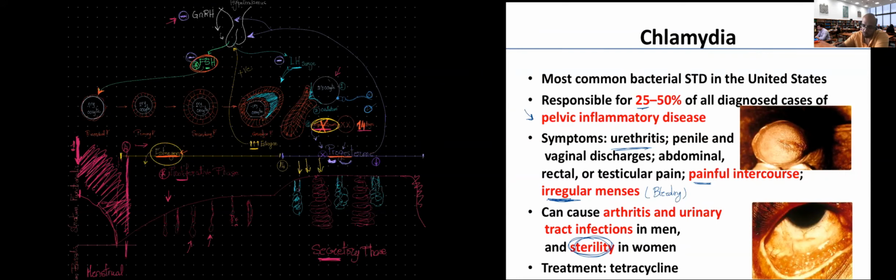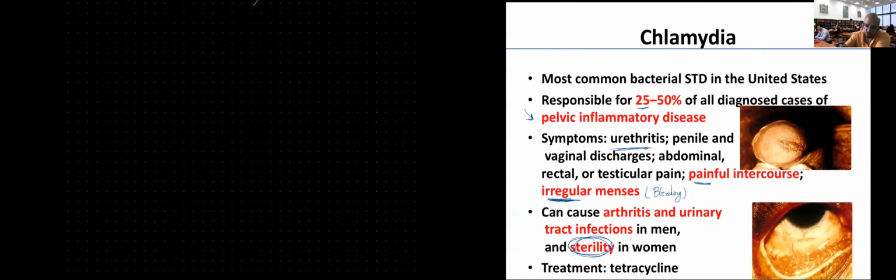Again, why sterility in females? Pelvic inflammatory disease is characterized by having inflammations that heal by fibrosis. So if this is a fallopian tube like this, those are the fimbriae that will pick up the ovulated egg. This is the ampulla where the fertilization of the egg is going to be taking place. And I have inflammation on here that healed by fibrosis.